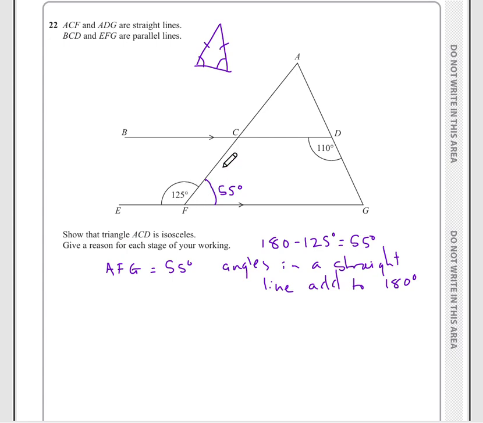Okay, so I'm working up to this triangle. If I look at this angle here, and this angle here, I can see that those 2 angles are equal. So I'm going to say ACD is equal to AFG, and they are your F angles, or corresponding. That's the language we need there.